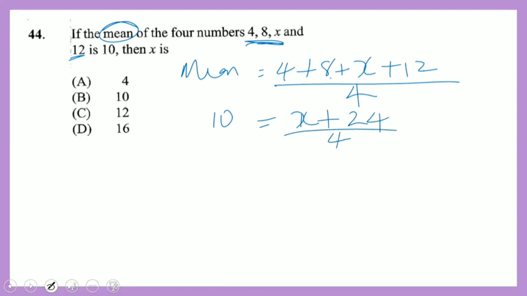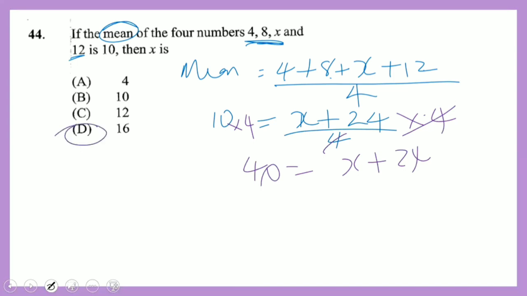Divide by 4, and we have an equation to solve. Simple, we need to find out what x is. So times 4, so we can get rid of the 4. X plus 24 equals 40. Which number plus 24 gives 40? 16. You don't need to show any workings.